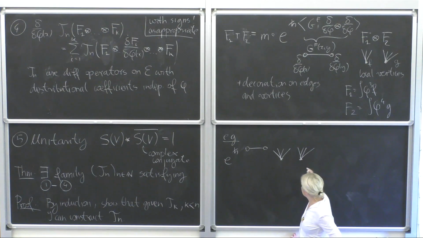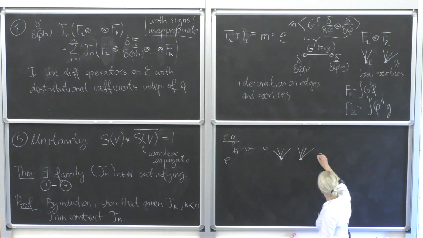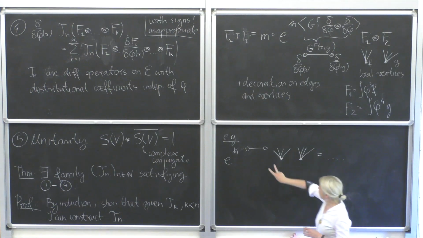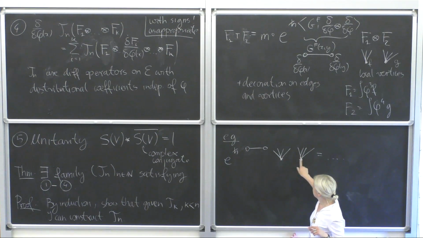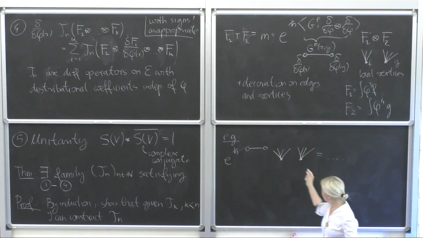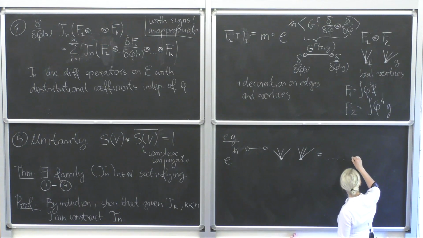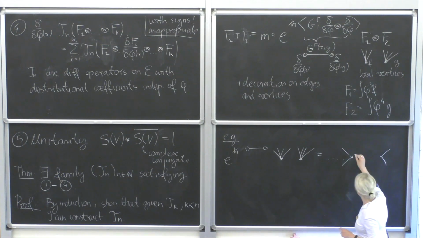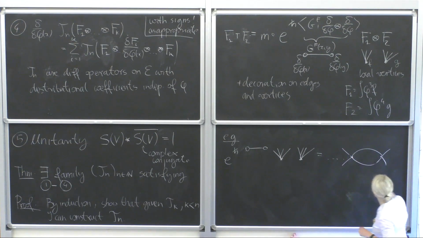And there's going to be a lot of graphs that contribute, but I'm going to just focus on one where I take two edges of this, contracted with two legs, and I'm going to engage two on one end and two at the other end, and this is the fish diagram, okay?